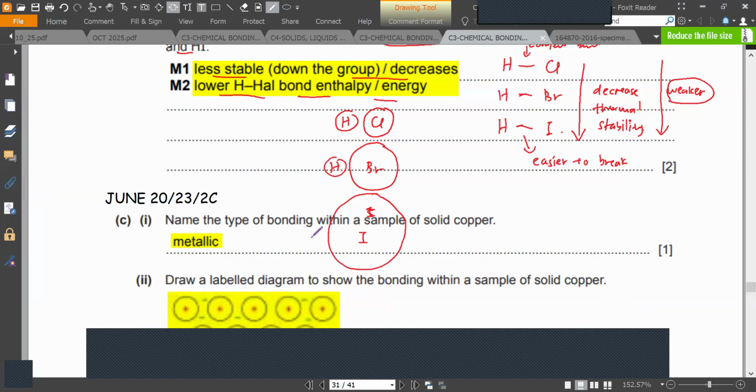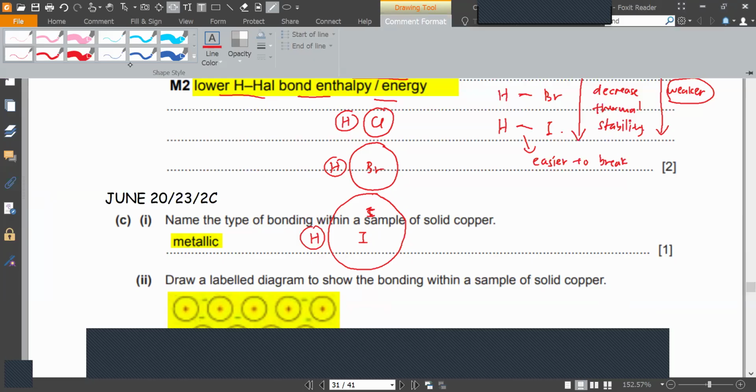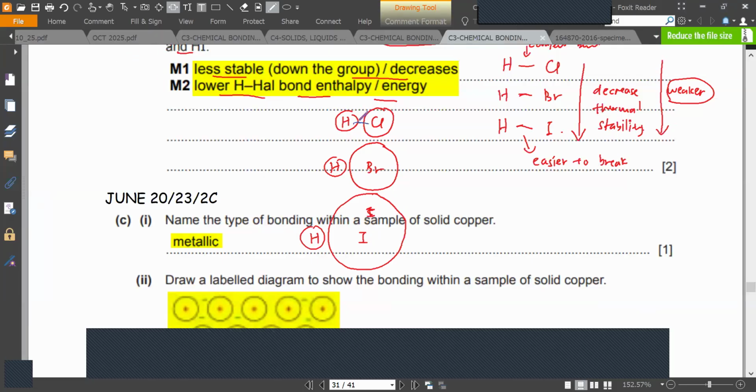The bond strength depends on how close they can get. So we can see this one is a longer bond, so it is also a weaker bond.